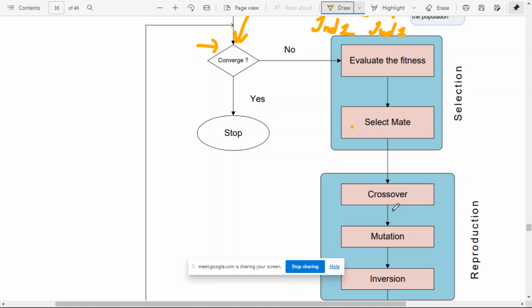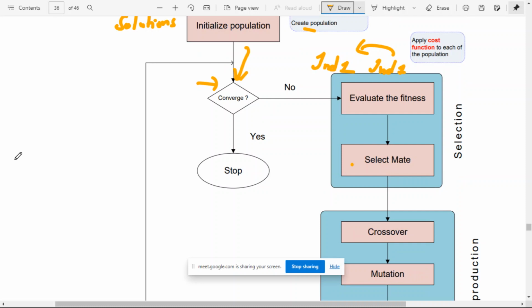Crossover is, as we already discussed, where you take a point. This is one chromosome. Here a chromosome is nothing but a solution. This is another chromosome. Then identify a point. Say this one we call A, this one we call B. Then this part is A1, this part is A2, and this part is B1, this part is B2.